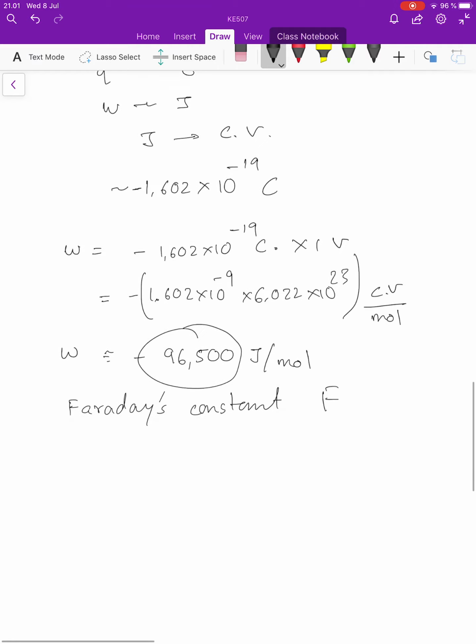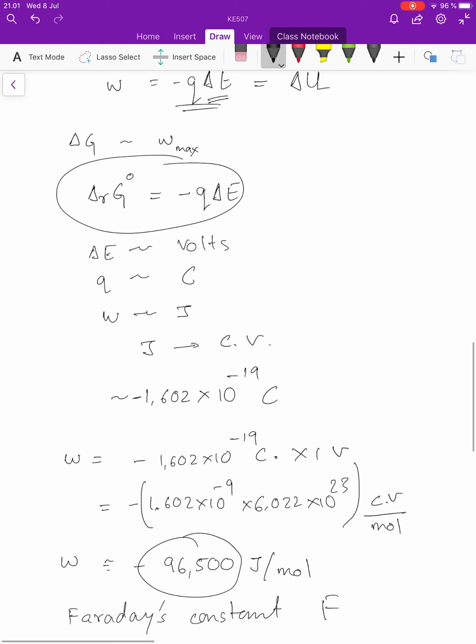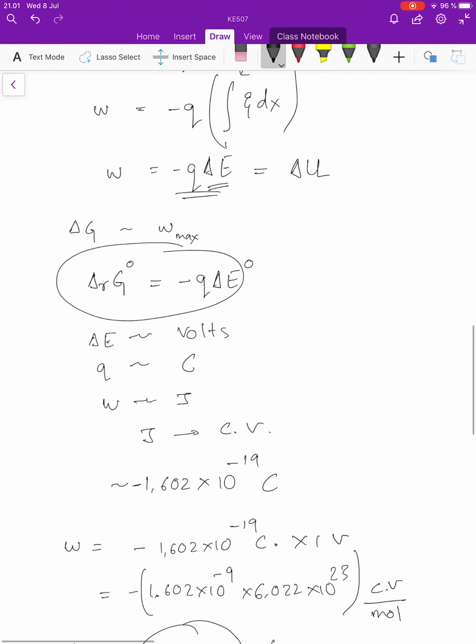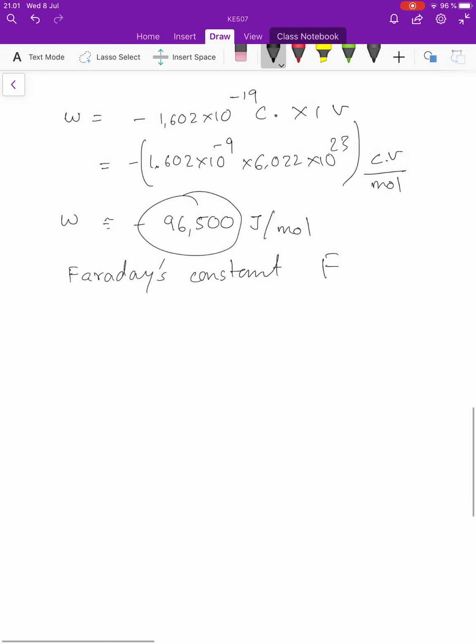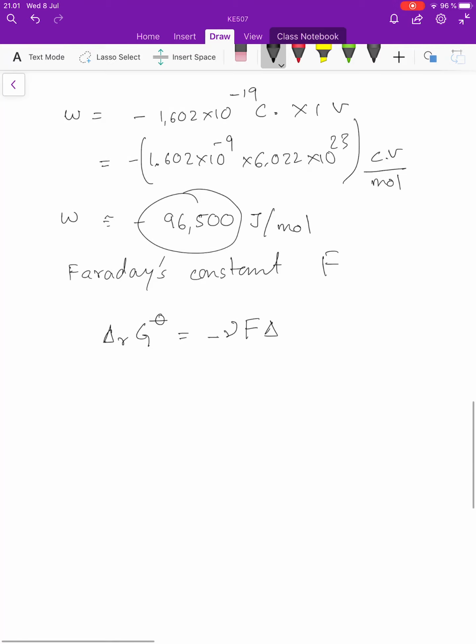So the equation can be written, oops, I'm missing a standard sign here, as the standard reaction Gibbs free energy of the redox reaction is equal to minus the number of electrons that are transferred multiplied by the charge carried by 1 mole of electrons multiplied by the standard cell potential. If the conditions are not standard, then this becomes like this.